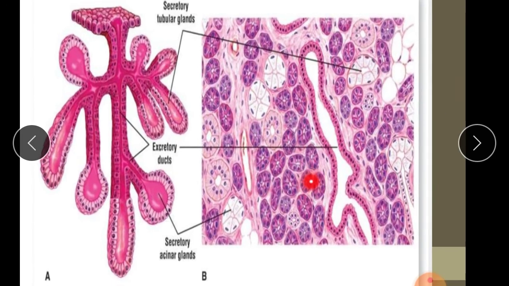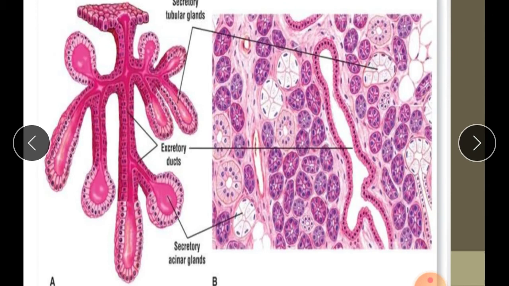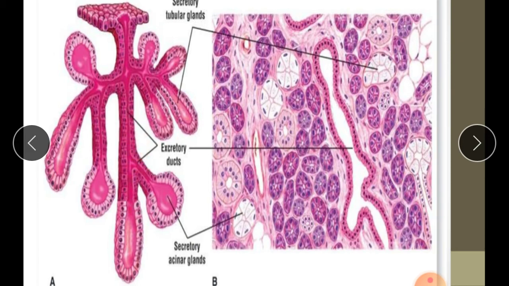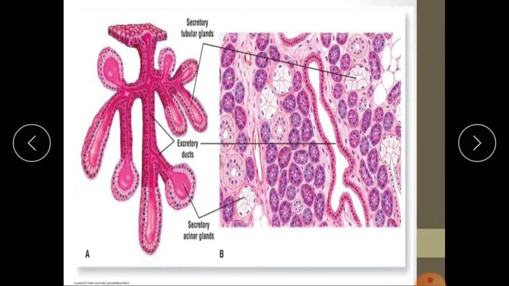You can see it. So these are acini or alveoli. These alveoli are spherical, bulb-like structures. Their wall is lined by glandular cells, and they secrete their content into the cavity, and from here they go to the intercalated duct and secretory duct like that.